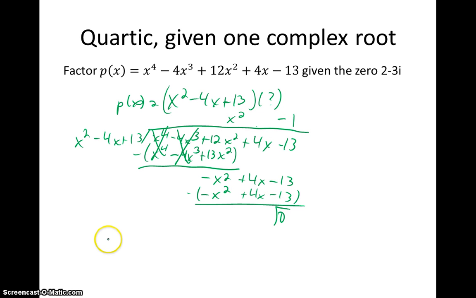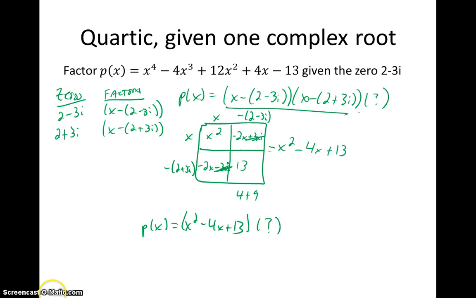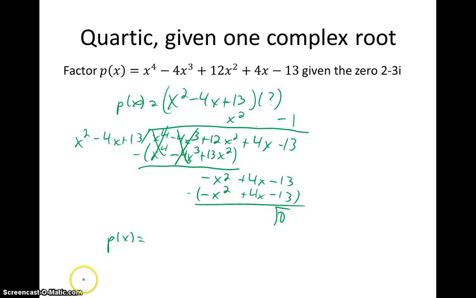So we have p of x equal to, I'm going to go back to my imaginary roots here because I want the whole thing factored out. So it's x minus 2 minus 3i times x minus 2 plus 3i. And then our new factor here is x squared minus 1.